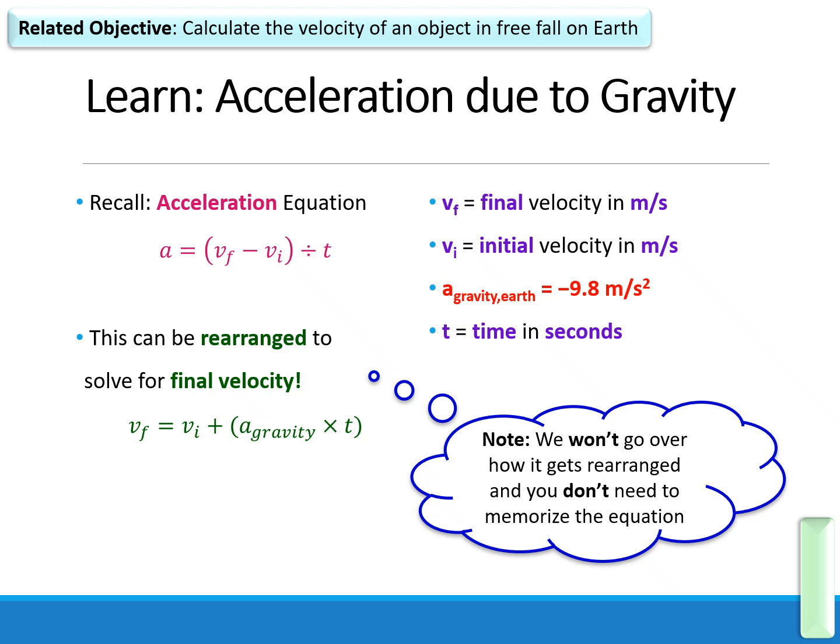Okay, so here we have our formula to calculate acceleration. Acceleration is equal to final velocity minus initial velocity divided by time. Now I can use algebra, and I can take this equation and manipulate my variables so that I solve it for final velocity.